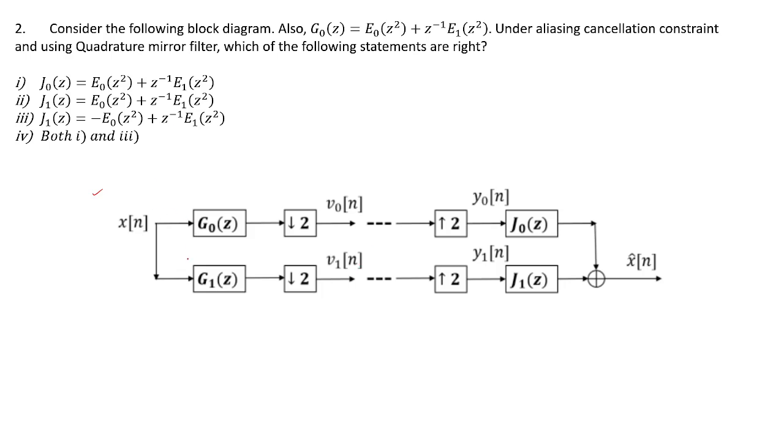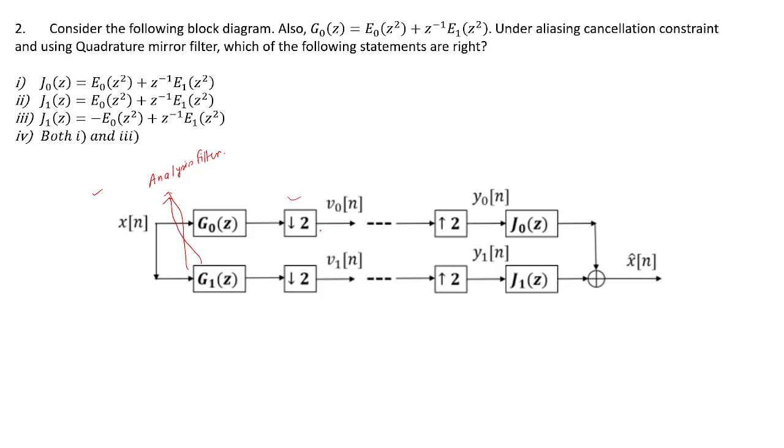So x[n], the same signal, is fed to G0(z) and G1(z). The purpose of these filters is to perform analysis. So these two are analysis filters.